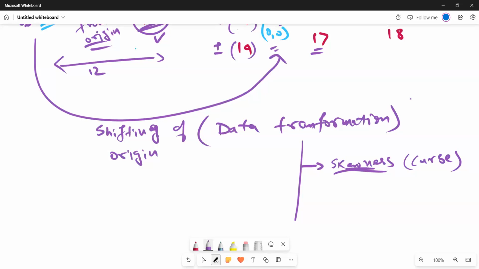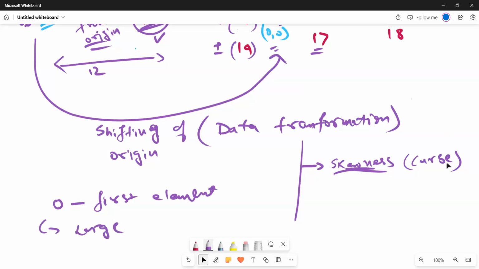And what is the actual problem? The actual problem is when I'm taking 0 as the reference point, the difference between 0 and the first element is very large. The difference between the first element and the origin is very large, right?